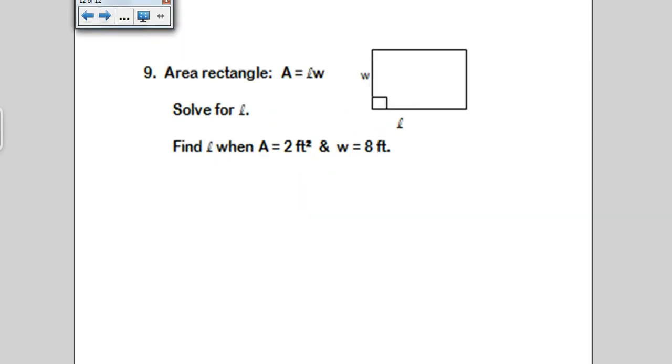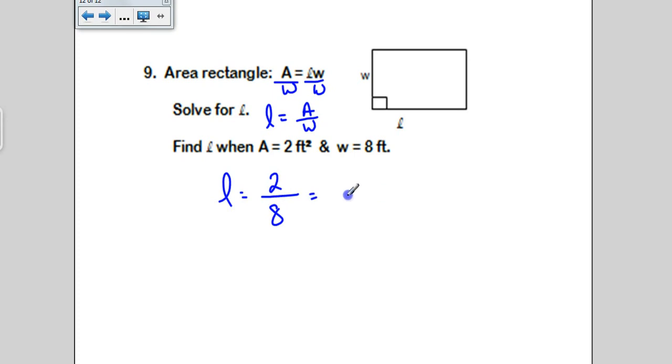Okay, the next problem is area of a rectangle is length times width. The first thing I want you to do is solve for length. So we're going to do that by dividing by w on both sides. And we get length equals whatever your area is divided by your width. And it says find the length when the area is 2 feet squared and the width is 8 feet.